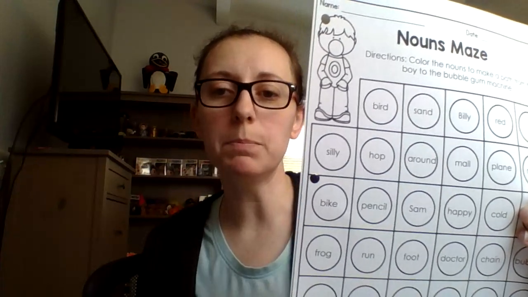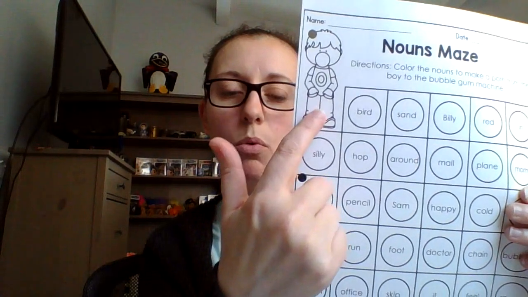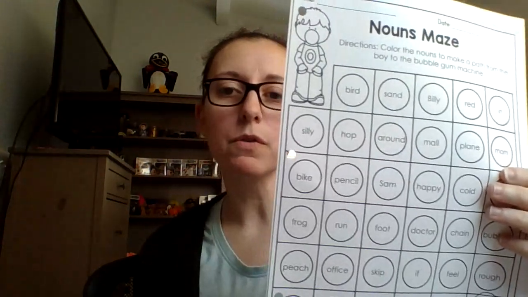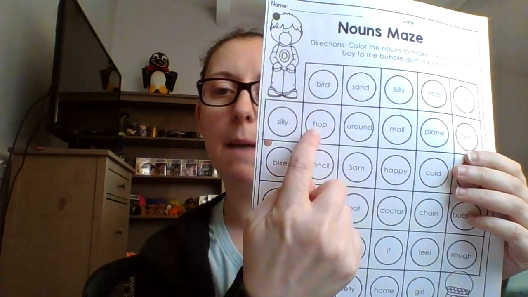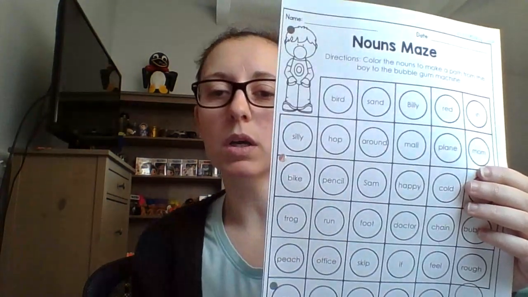So only the people, places, or things, and make a path from the boy to the bubble gum machine at the bottom. For example, there's the word hop. Even though he could go that way, we don't want to color hop because it's a verb and not a noun. It's an action. So that's what you're going to do for today.